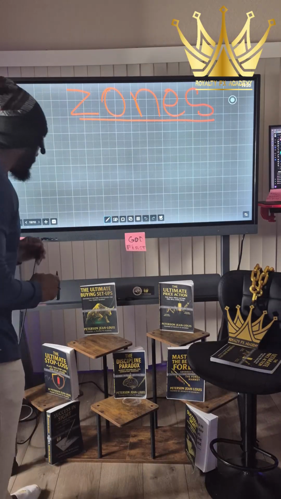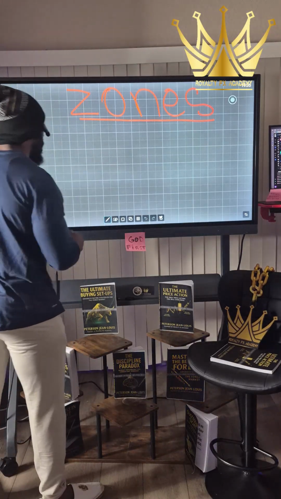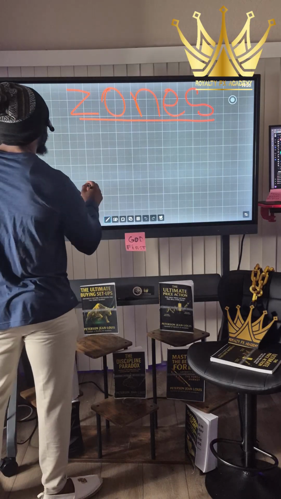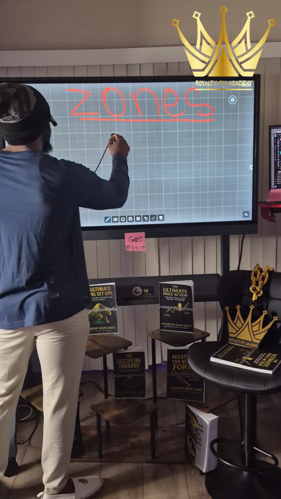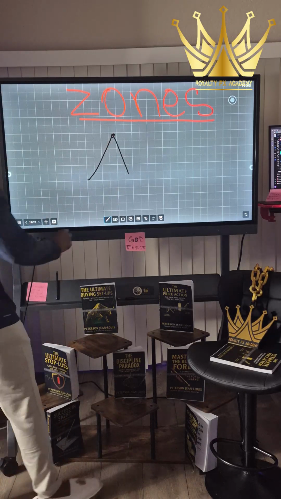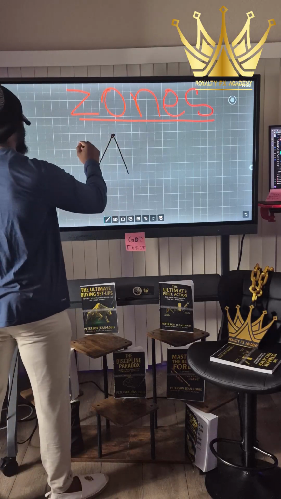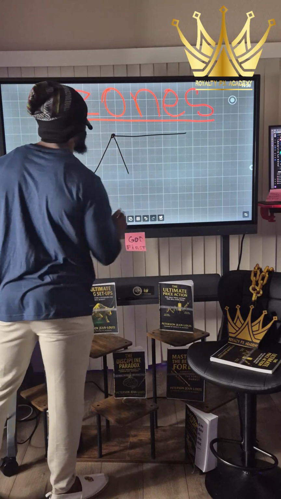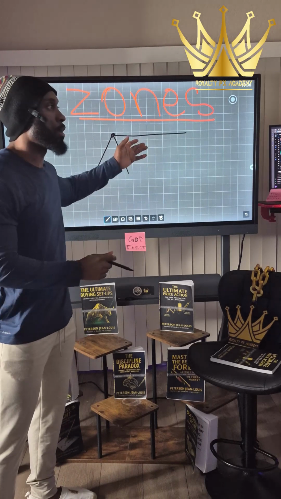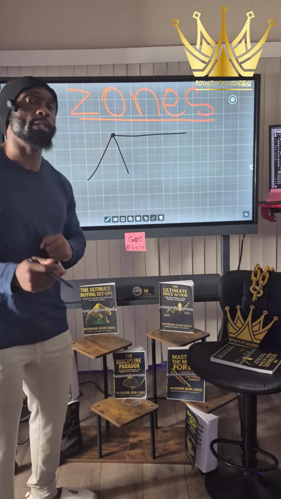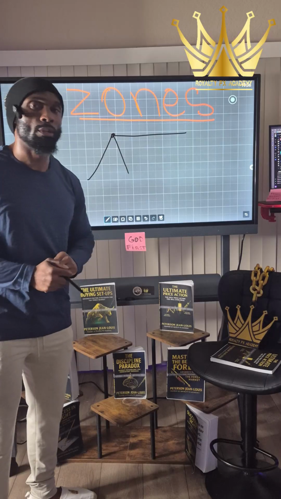Now, I'm just going to do a little drawing real quick. If the market went up and it stops and it falls like so, we identify this area by putting a horizontal line there. That's just a zone. If you want to call it a resistance zone, by all means, but it's just a zone.